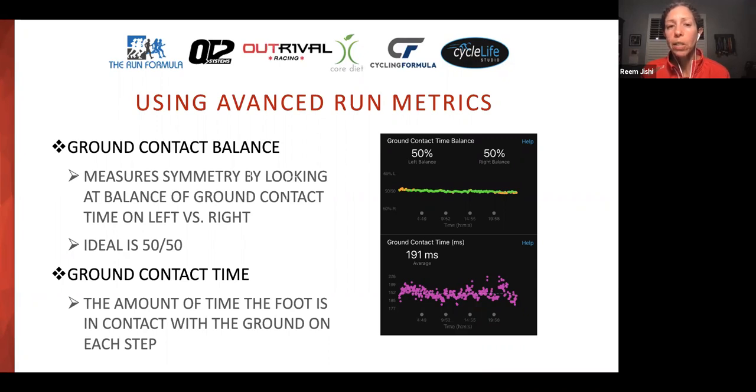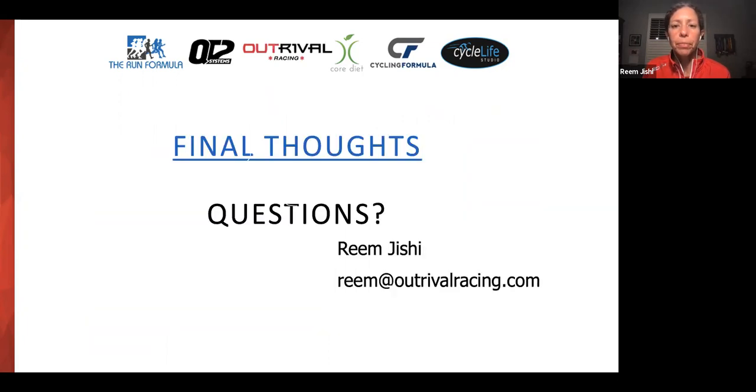But you'll get to, let's say, 51, 49, and don't get too stressed about it. But if you start seeing a lot of differences, then you really need to look into it and see what's going on one side versus the other, and try to make corrections to balance yourself out.